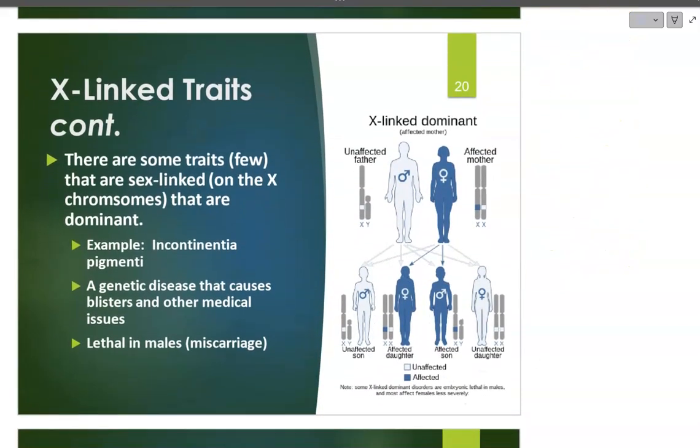Let's talk about an example of a sex-linked trait, an X-linked trait. So again, found on the X chromosome, that is dominant. This is a specific type of disease that affects the skin. It can cause blisters, other medical issues, and it is a dominant trait.